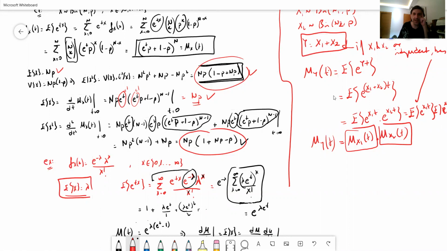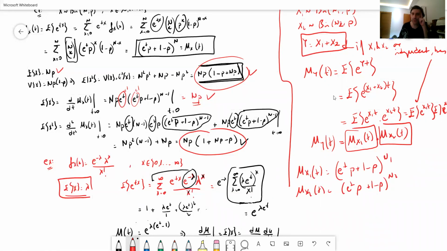So M_X1(t) is going to be equal to (e^t p plus 1 minus p) to the power n1, and M_X2(t) is going to be equal to the very same expression raised to the power n2.